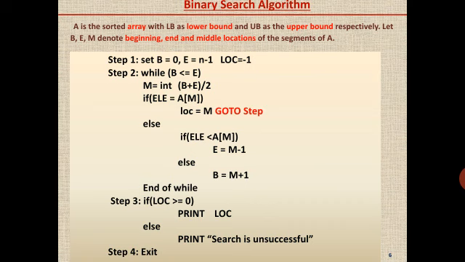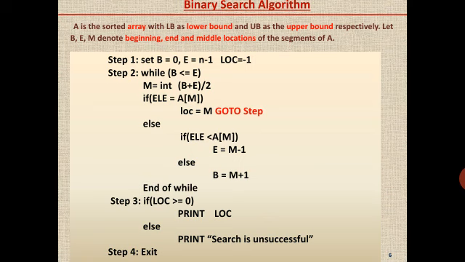A is a sorted array here with LB indicating the lower bound, UB indicating the upper bound respectively. B, E and M denote beginning, end and middle locations of the array. In step 1, initialize the value of B is equal to 0, E is equal to n minus 1 and location as -1.